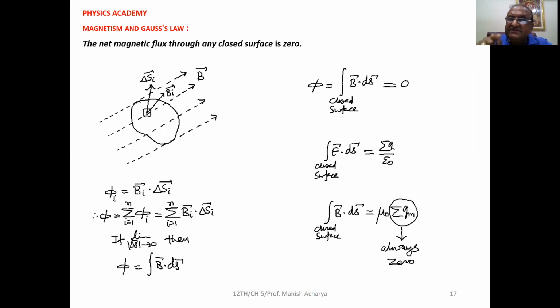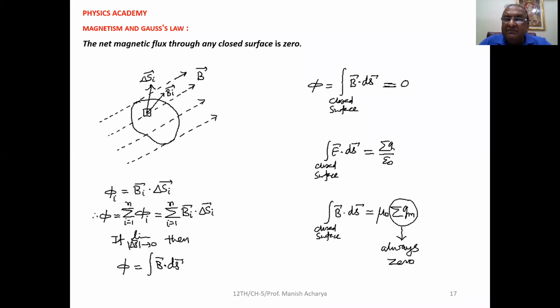So what does this suggest? This suggests that a monopole does not exist in nature. Because when we think about the summation of magnetic charges, the North pole we consider as positive magnetic charge, and the South pole we consider as negative magnetic charge.